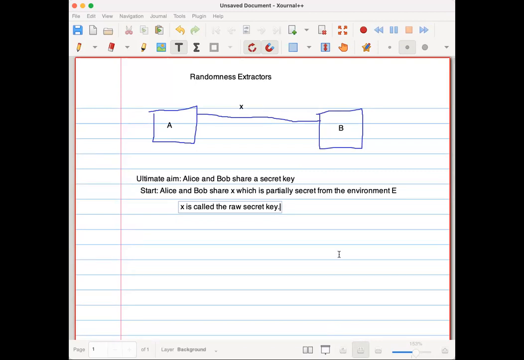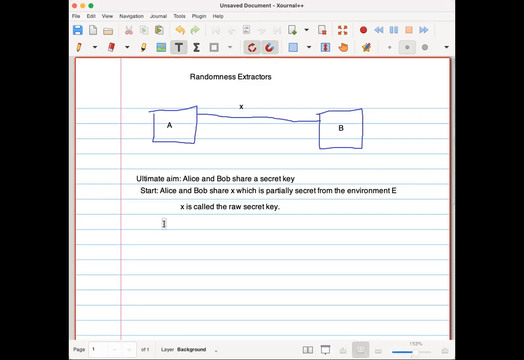Okay. So by the phrase raw secret key, you are right. The view of X from the point of view of the environment E is not fully random. So the entropy is not n. Let me formally define it.